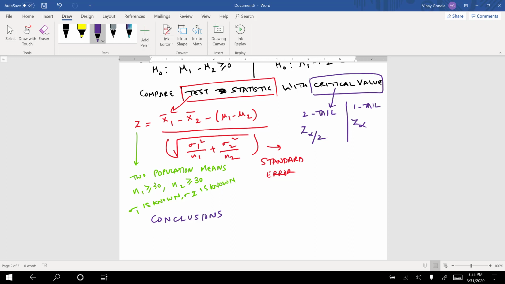And then we can again use a confidence interval also to make interpretations or comparisons of two different populations.